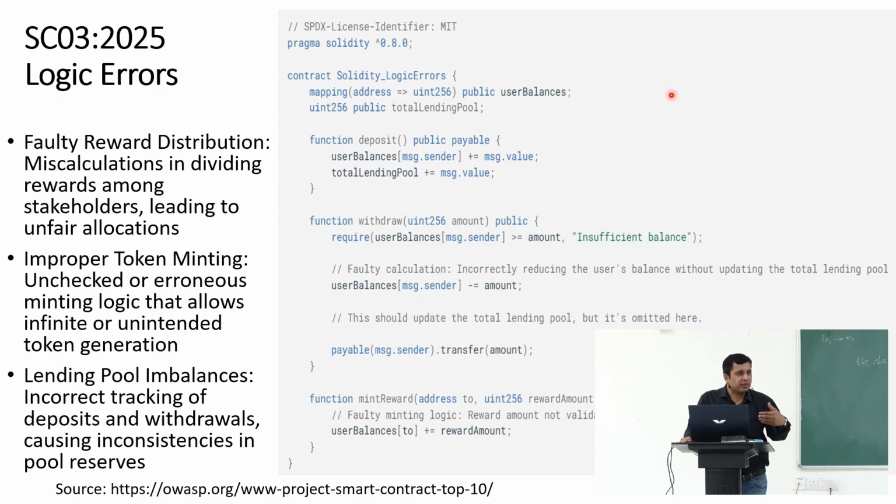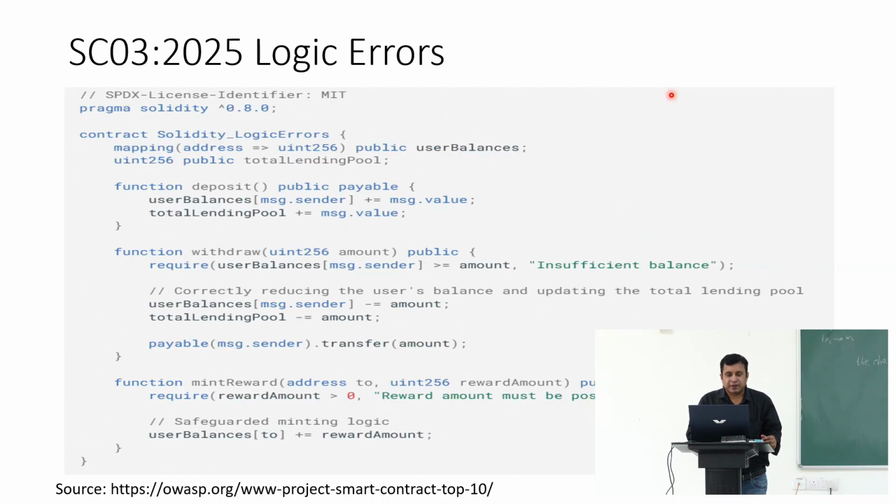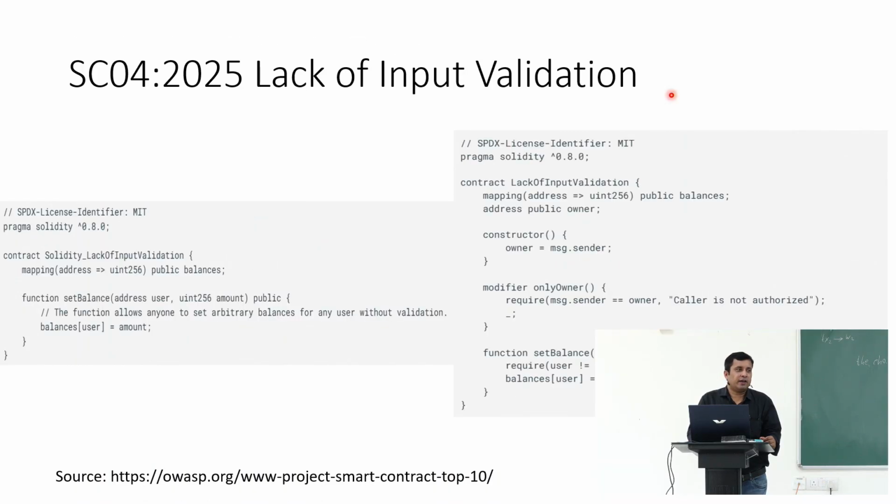You can test that code before deploying, so that such code should be logic error free, or logic bug free. Fine. Input validation. Input validation should also have the access control. So we have seen that without validation, anybody is able to update the balance in this particular contract. In that case, input validation should take place. And who is accessing that particular function or a particular contract, that access control should also be there.